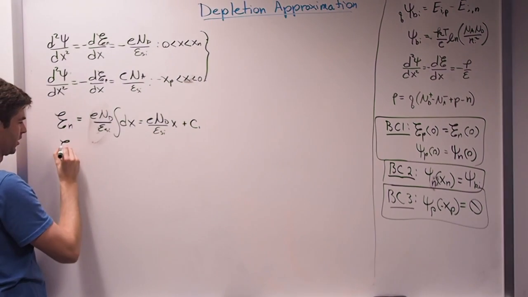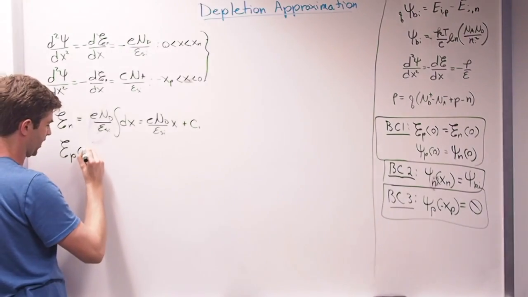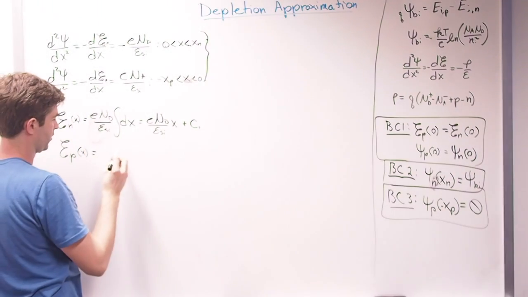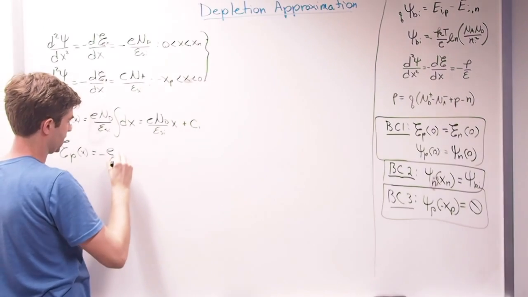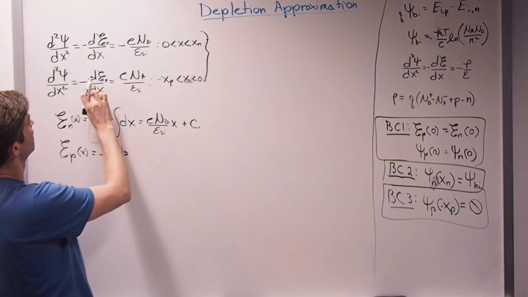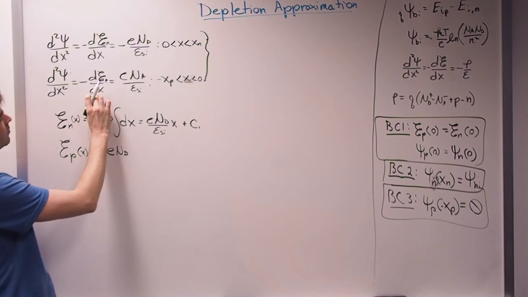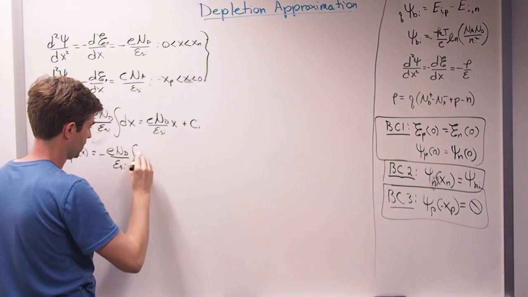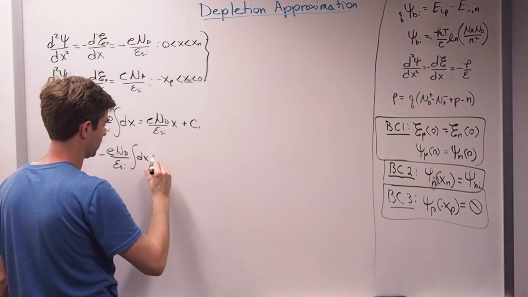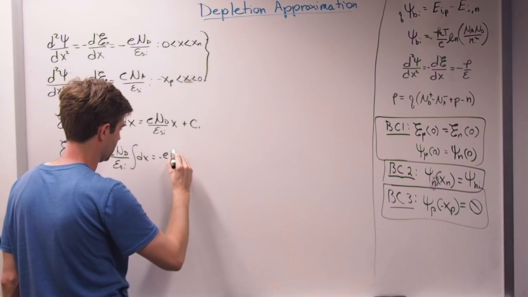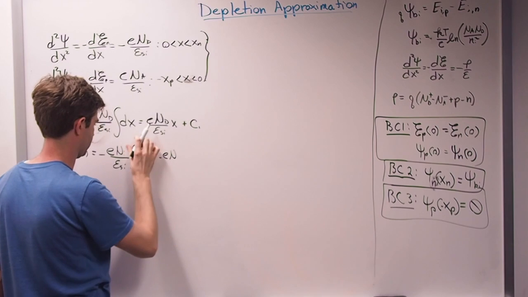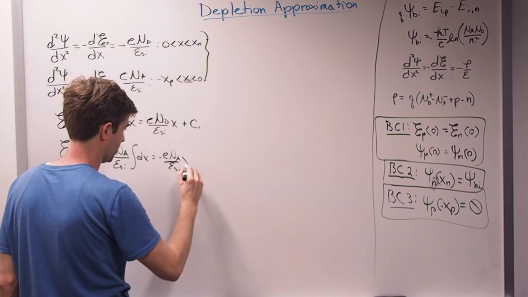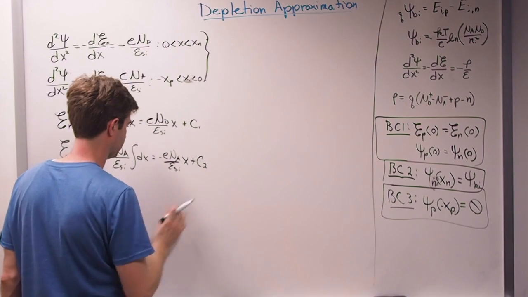So similarly, E sub p of x, and I'll write this in terms of x2, is equal to negative E N D over ESI dx, which is equal to negative, oh sorry, N A, my bad, N A over ESI x plus C2.